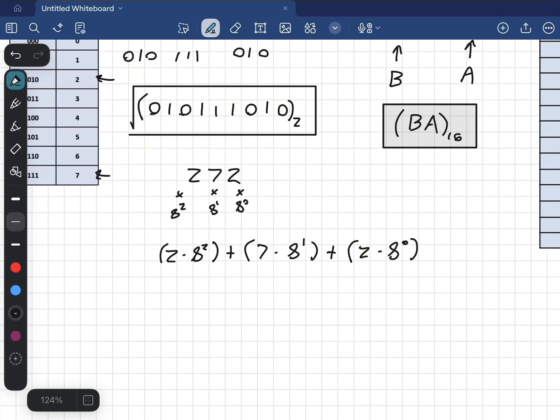If you perform all the math, we will get 128 plus 56 plus 2. This gives us a final answer of 186. And don't forget to add that subscript 10 to show that this is in decimal form.